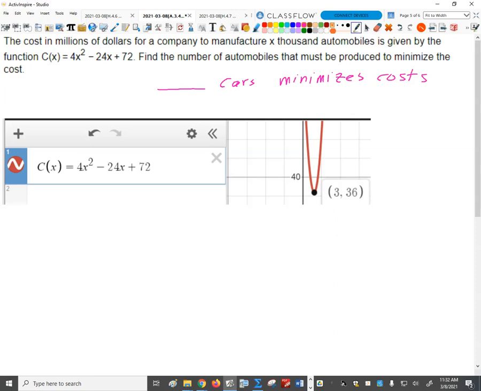When I make my graph here, you just have to always think in terms of the graph. If I'm graphing this thing, what do the axes represent? What's my input for my C function? What variable is the input variable?